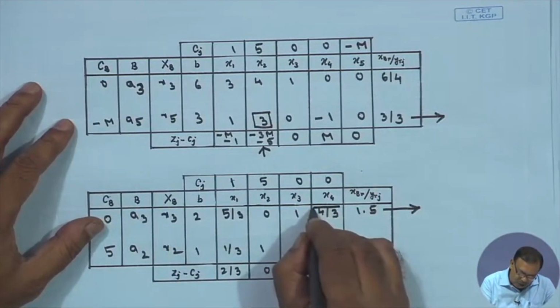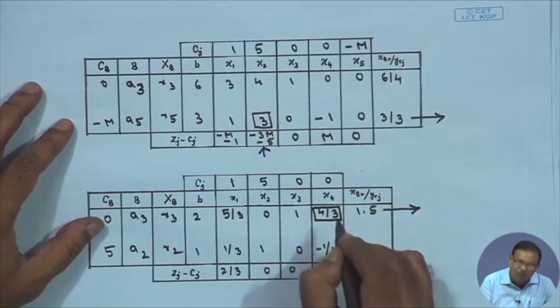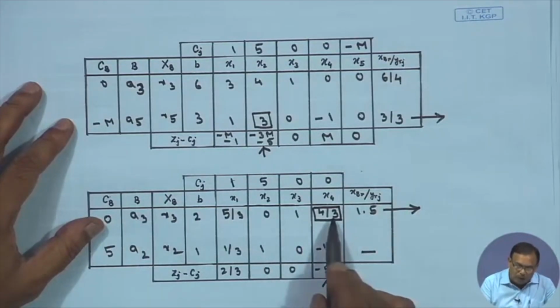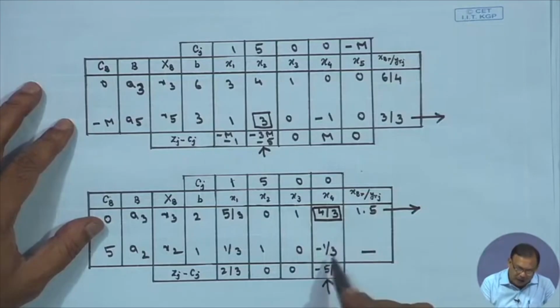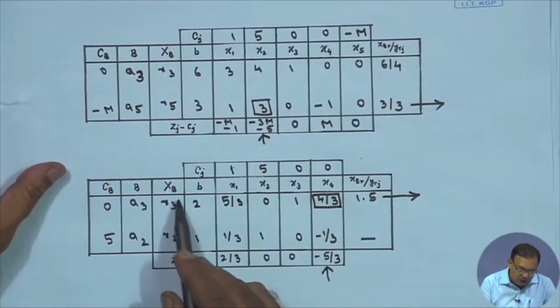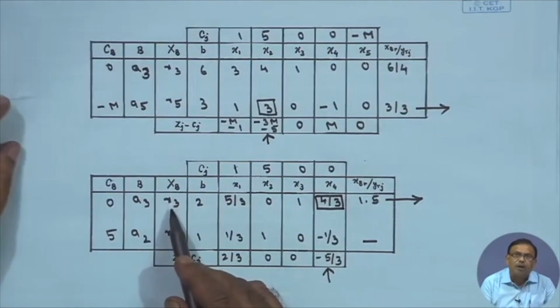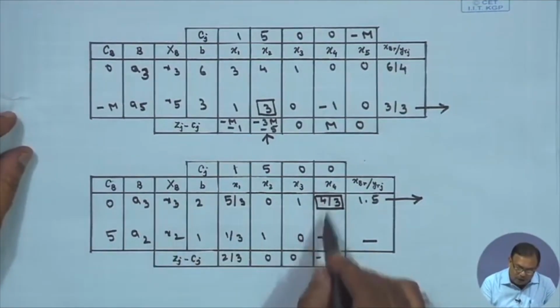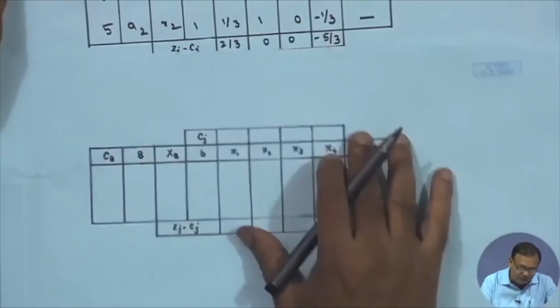So, this is the pivot element. That means now I have to make this as 1 and this element as 0. So, in the basis now x 3 will be replaced by x 4, because that is the entering variable. Let us see what happens.